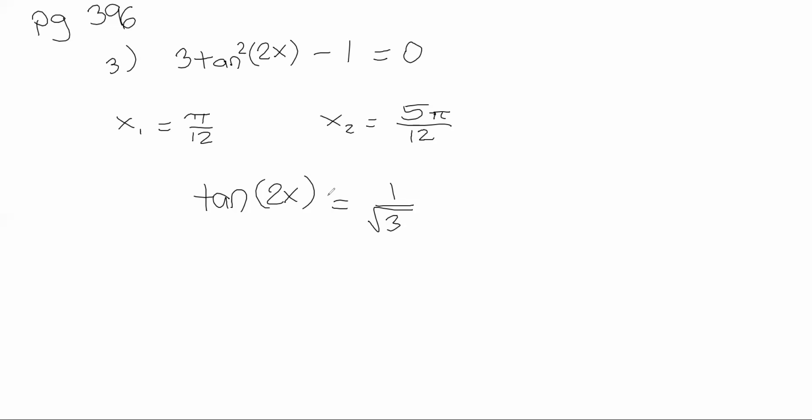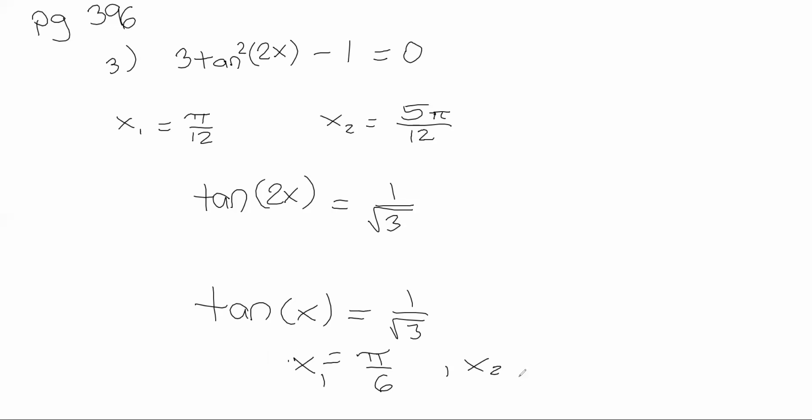So ordinarily, we should have pi over 6 and 5 pi over 6 if this is our equation. Tangent of pi over 6 is 1 over square root of 3, and tangent of 5 pi over 6 is also 1 over square root of 3.